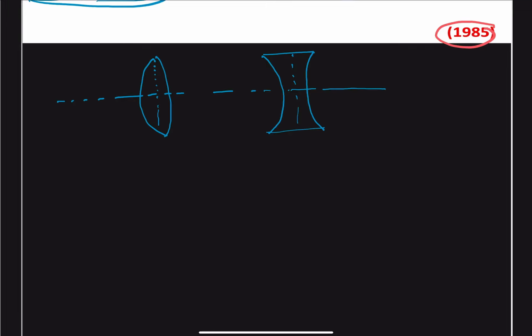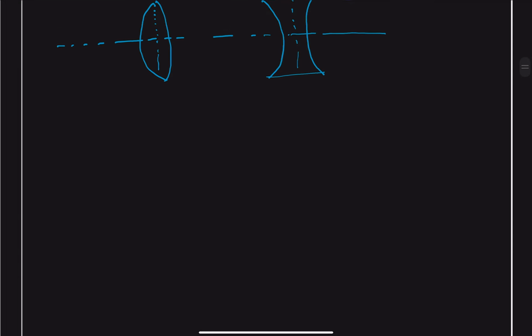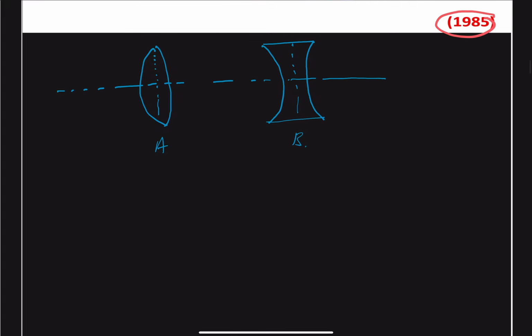This is our A and this is our B. The parallel beam of light falling on A will try to converge slightly like this, and after passing through lens B, it should once again go out as a parallel beam.